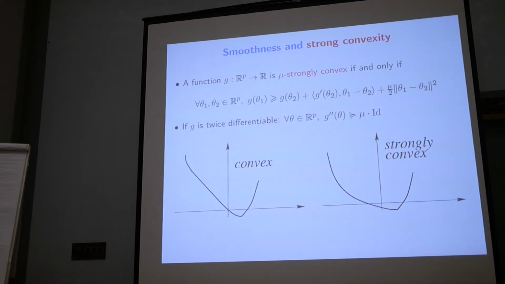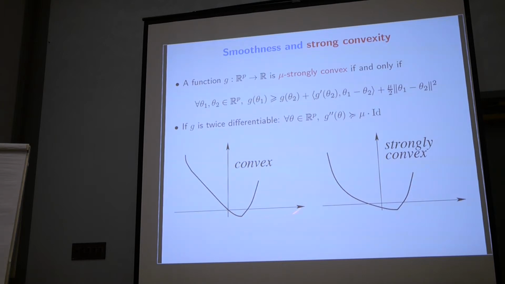If a function is twice differentiable, this corresponds to a lower bound on the eigenvalues of the Hessian. You can also have the same definition if you are not smooth: the value at theta 1 is greater than the tangent at theta 2, plus some quadratic term that grows when the difference between theta 1 and theta 2 grows.